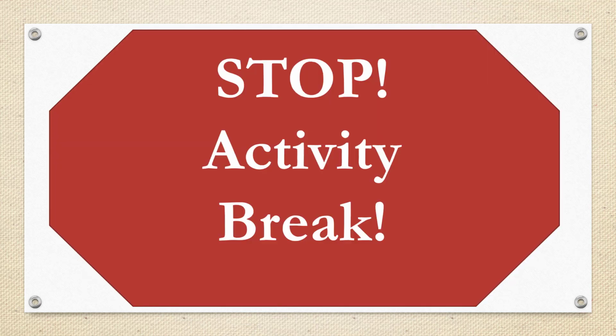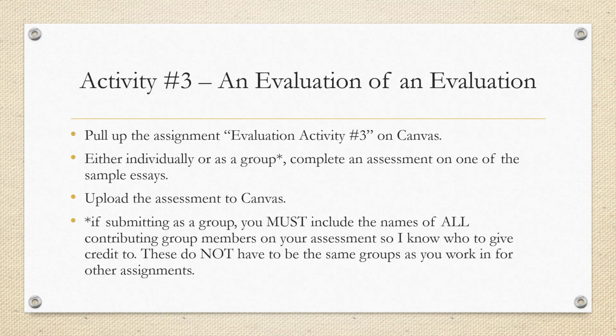All right? So let's pause here for another evaluation activity break. For activity number 3, you are going to pull up the assignment, evaluation activity number 3 on Canvas. I tried to make these as easy for you guys to find as possible. You can do this either individually or as a group. I actually need to change this a little bit.